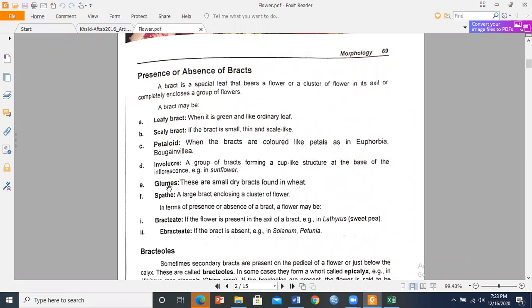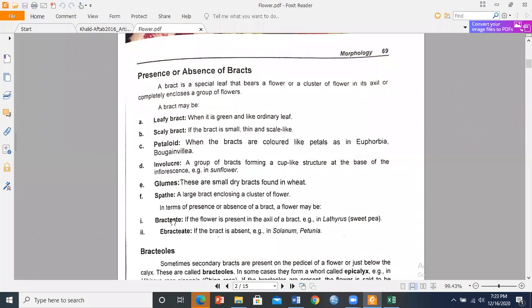Glumes. Glumes are the character of Poaceae family. These are small dry bracts found in the wheat. We can see the inflorescence of wheat, glumes are present. Spathe, a large bract enclosing a cluster of flowers.